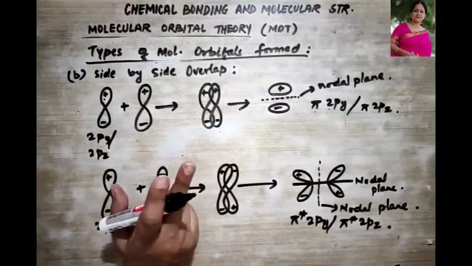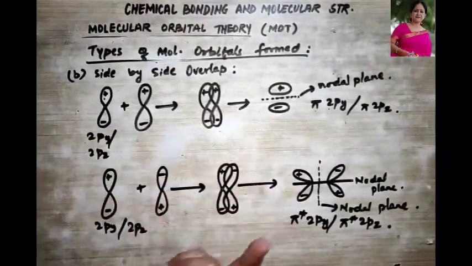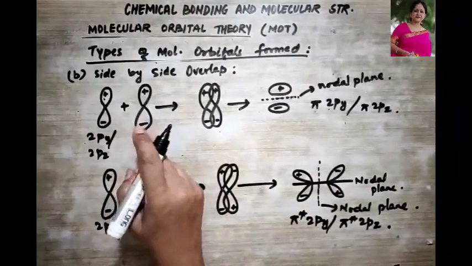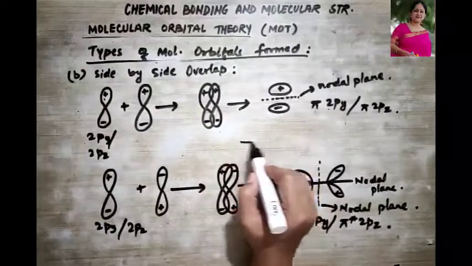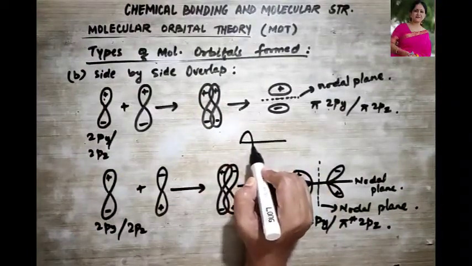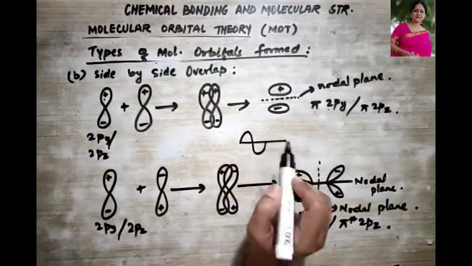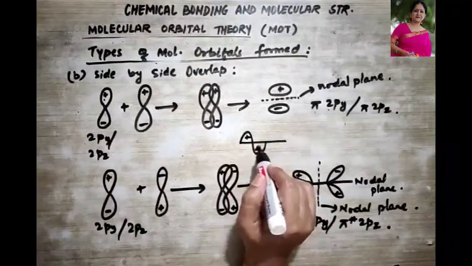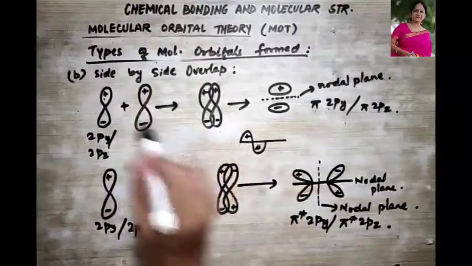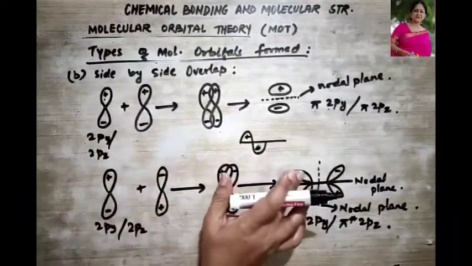Now crests of electron waves are always in the positive sign and the troughs are in the negative sign that I had shown you over here. So when they combine you get positive, negative.